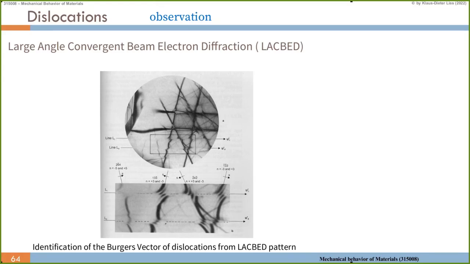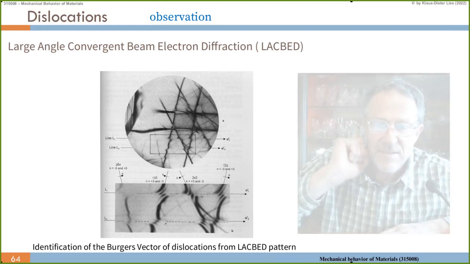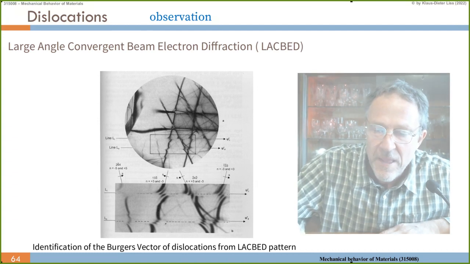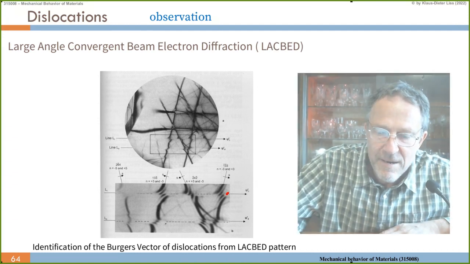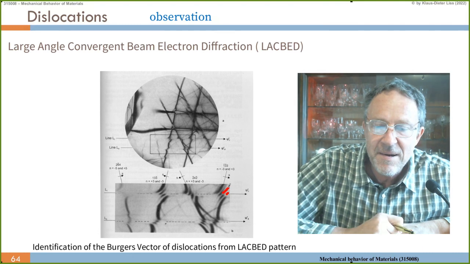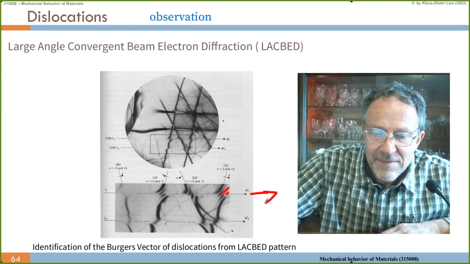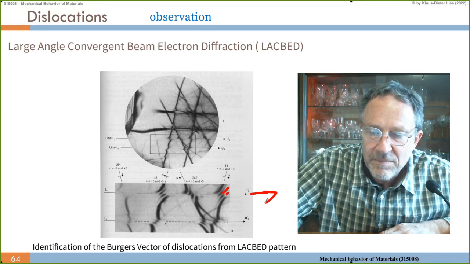So we can work out, if we know G dot B is this integer n, or n over 2 pi times 2 pi, then we just can count here 1, 2, 3 minima for this direction, and we probably know some diffraction vector.